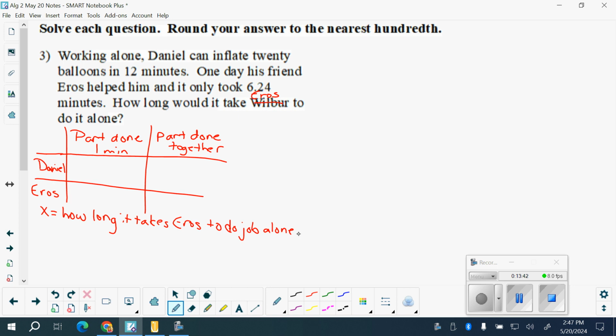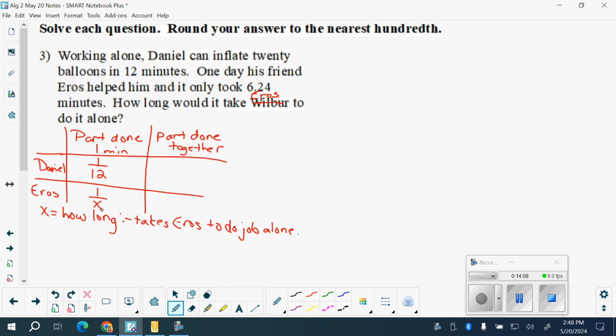And then what part does Eros do in 1 minute? Remember, X is how long it takes him to do the job alone. So in 1 minute, it would be 1 over X. So the X goes in a different place on this one.